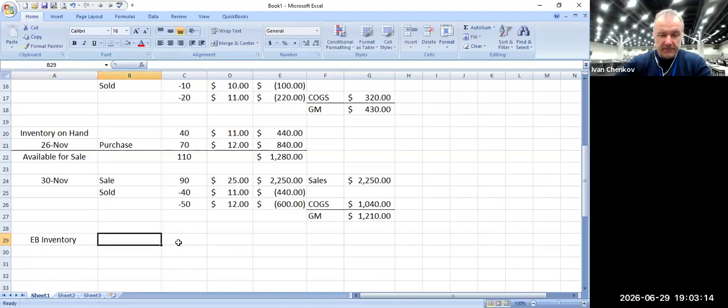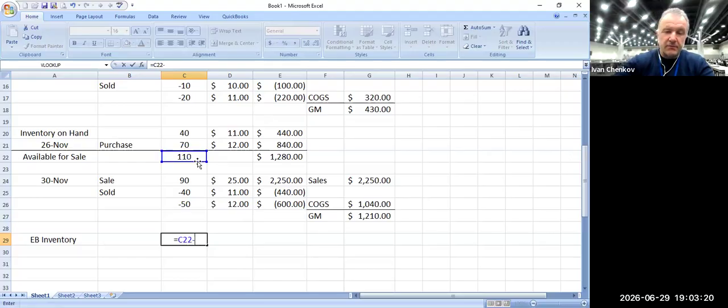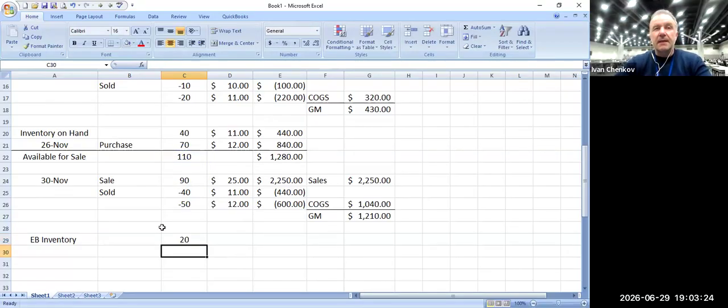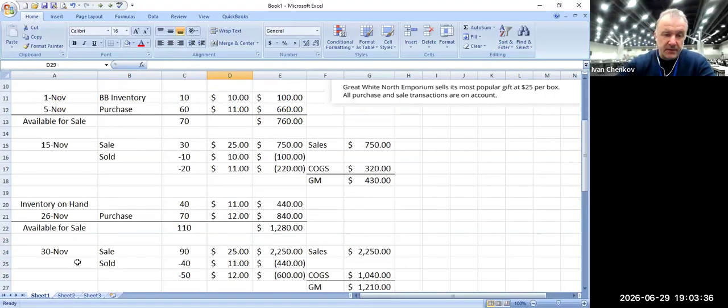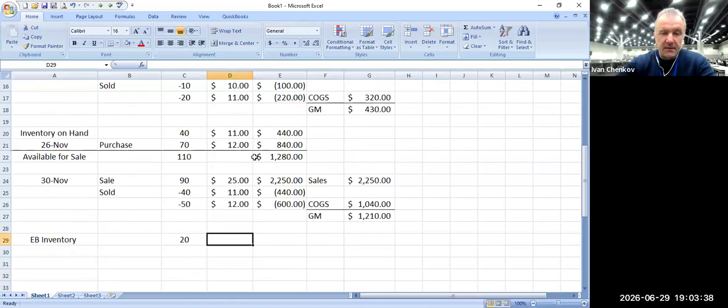And our ending balance of the inventory, now we have 110, and we sold 90. So at the end of the month, after the last sale on November 30th, we end up with 20 units, which are coming from the very last purchase, which comes from November 26th. And that purchase was $12 per unit.